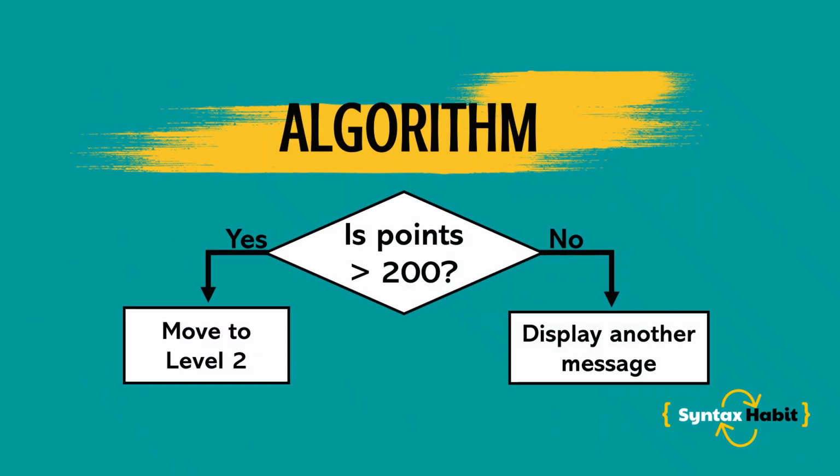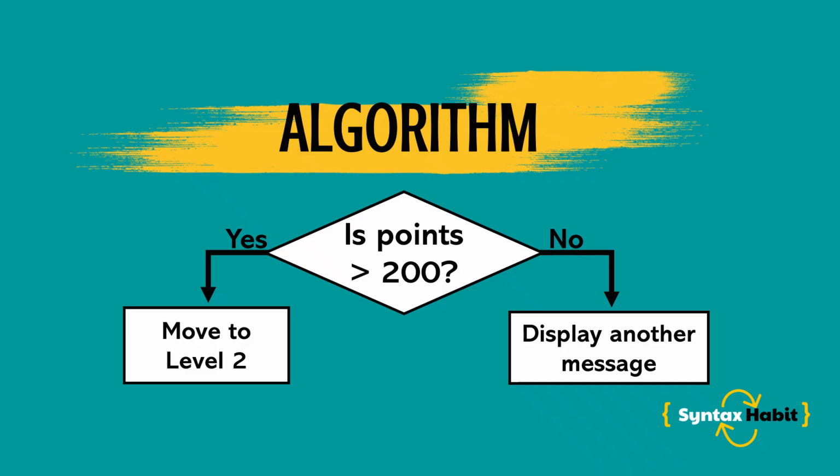Before we write any Python, let's visualize this decision using a flowchart. We've already learned how to solve problems step by step using an algorithm. A flowchart gives us another way of visualizing that algorithm. So let's start with a question our program needs to answer. Is the number of points greater than 200?